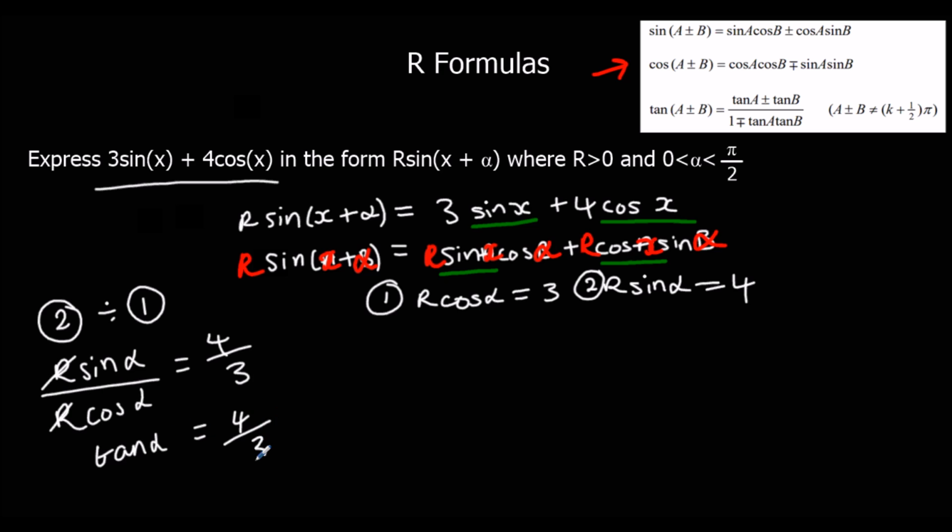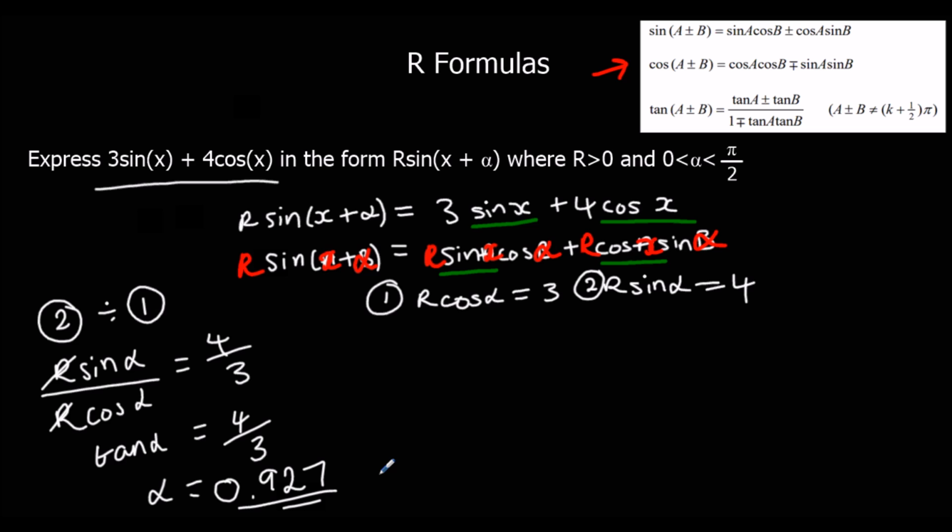So tan alpha equals 4/3. If we shift tan 4/3, making sure we're in radians, because the question said alpha between 0 and pi over 2, we get alpha to 3 significant figures as 0.927. So there's alpha. How about r?